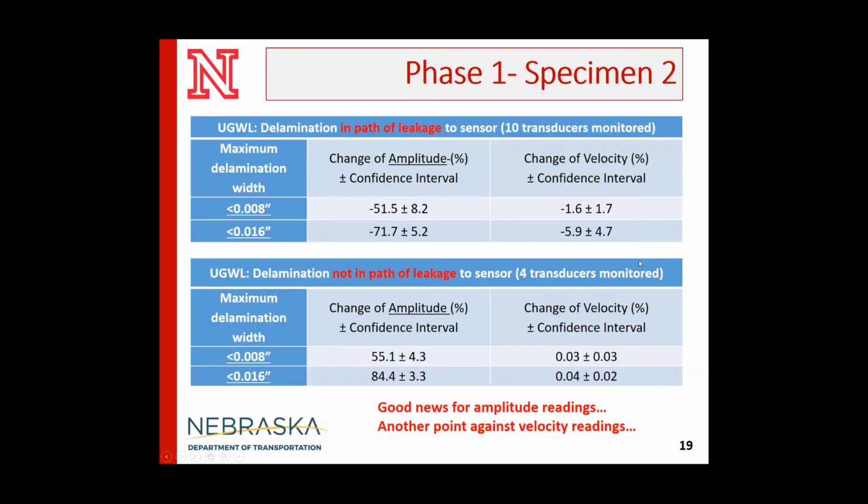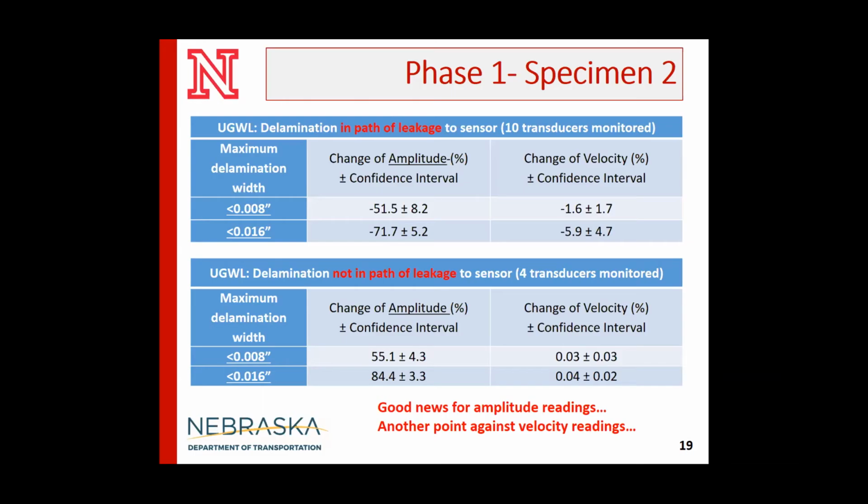So this shows, out of several measurement points that are monitored, how we did. Once again, the amplitude readings were much more clear in terms of detecting small delamination. When you see velocity changes, the percent change is very small, so it can be subjective whether that's something wrong or not, but the amplitude measurements were very clear.